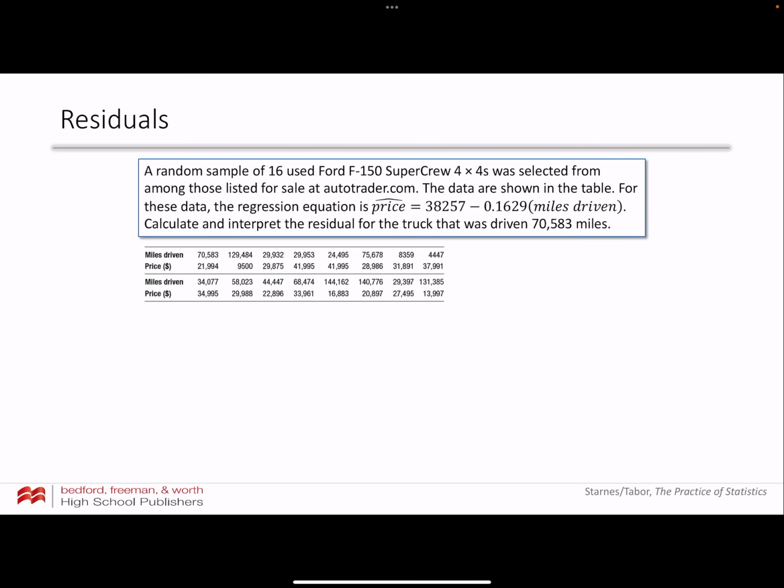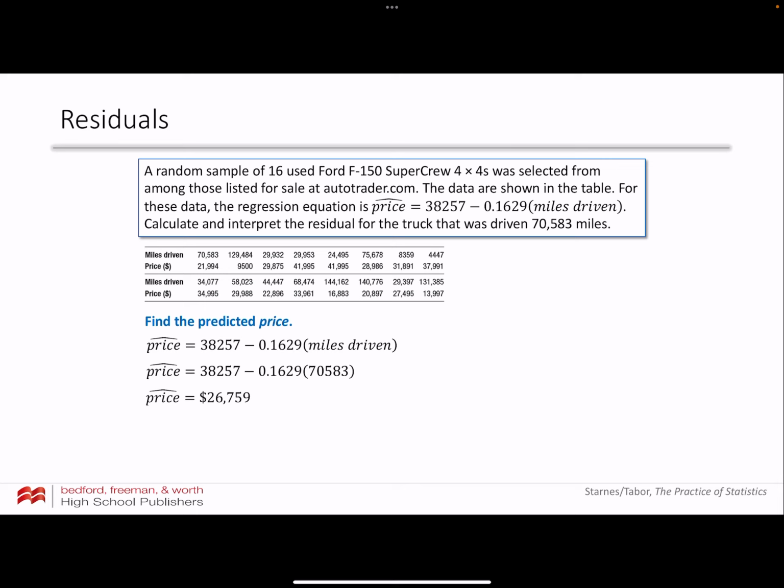Same data set that we've been looking at, we're going to calculate this question down here. We're going to calculate and interpret the residual for the truck that was driven 70,583 miles. So that's this truck right here. First we need the regression line, or the regression equation, which we have. We're going to find the predicted price by plugging in the number of miles driven.